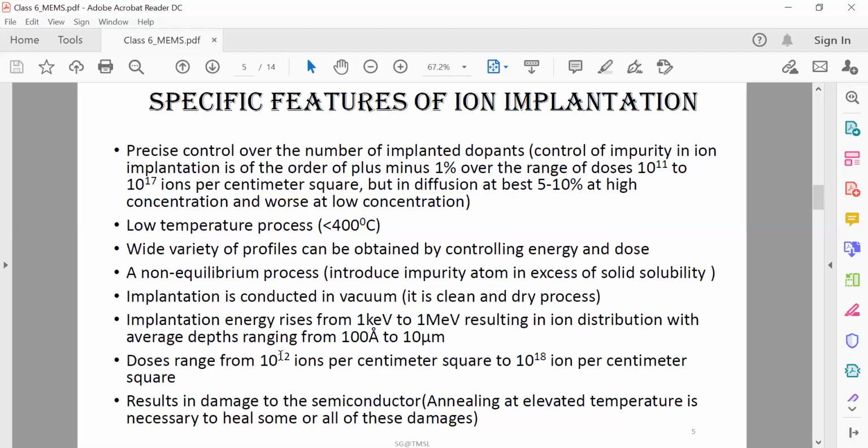In the case of ion implantation, it is a clean environment and clean process, where the dopants can be controlled.